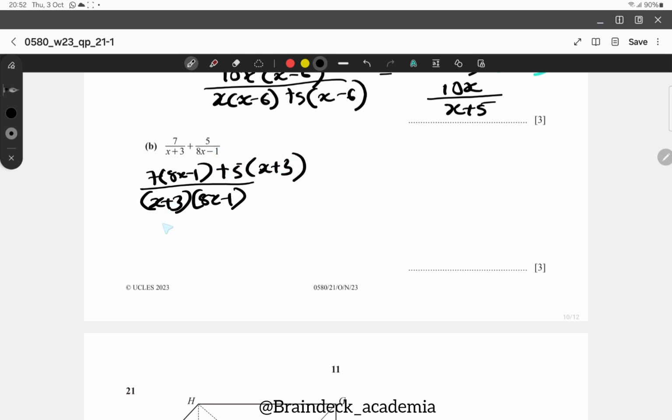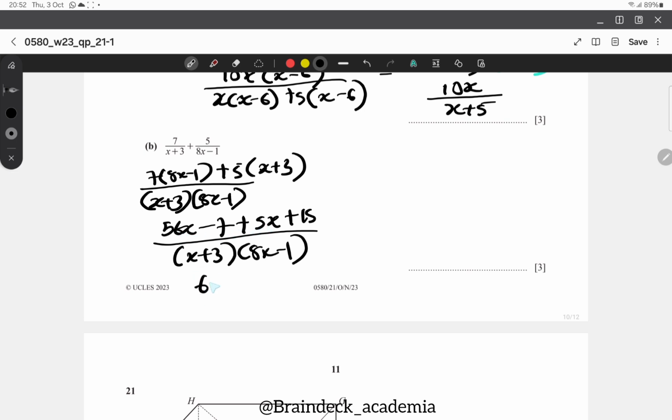So this will give me 56x minus 7 plus 5x plus 15 over x plus 3 bracket 8x minus 1. So 56x plus 5x will give me 61x. Then minus 7 plus 15 will give me plus 8, yes, plus 8 over x plus 3 bracket 8x minus 1.